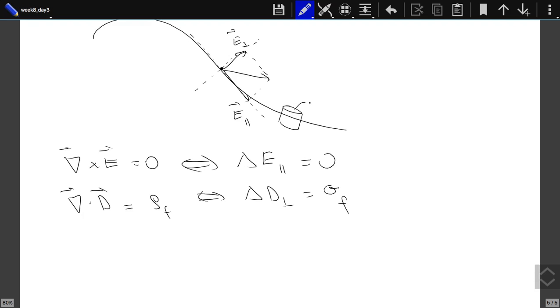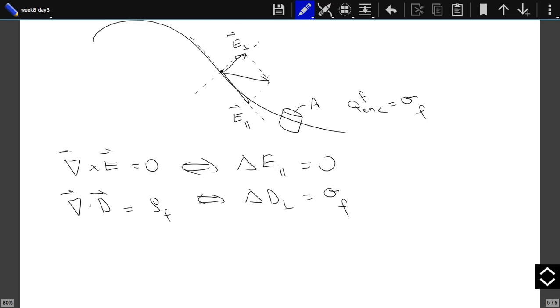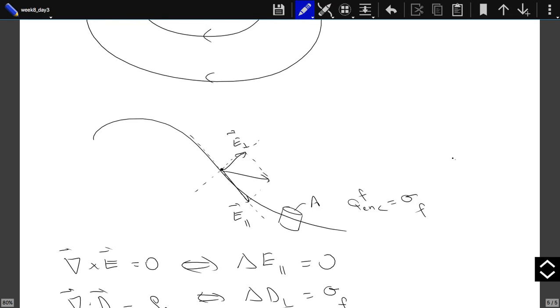The area was A, so the charge enclosed in the surface was equal to sigma free times A. And then when we took the limit that the height of this cylinder goes to 0, we only received contribution from the top part and from the bottom part. The area vectors are perpendicular to the top and the bottom. So we have this Gauss integral, remember it was this one.